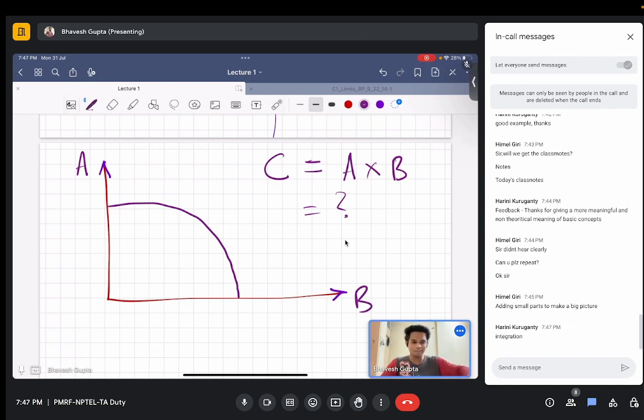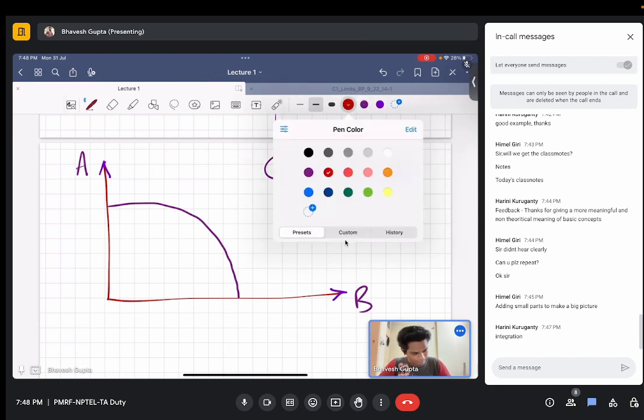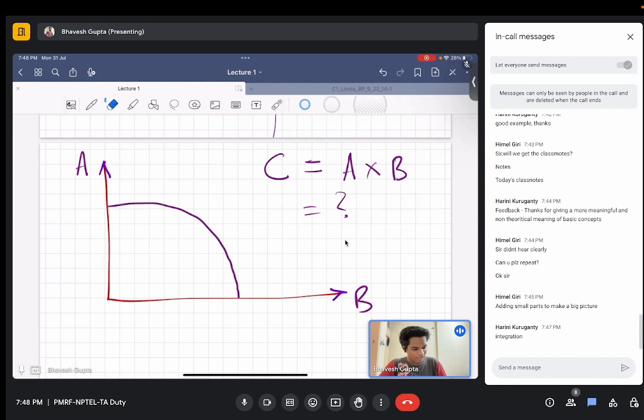Yes, using integration. And why can we use integration over here? The reason is that A cross B basically tells you an interesting thing called area. Why?